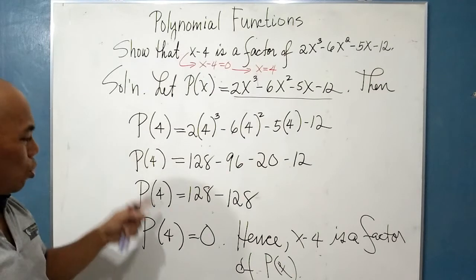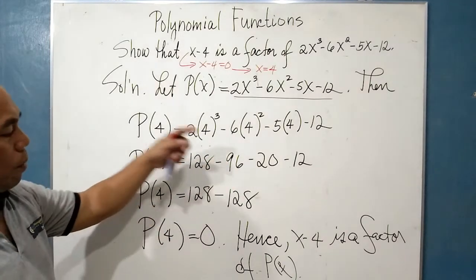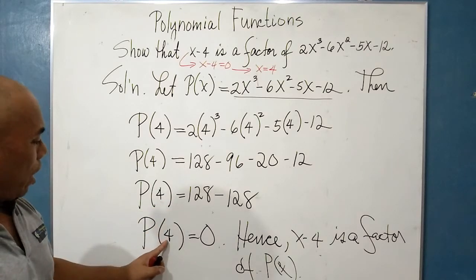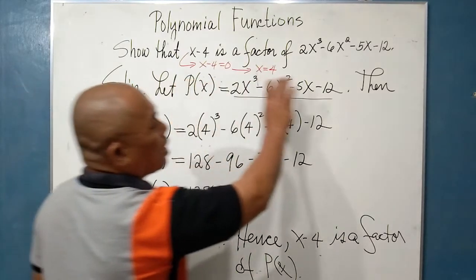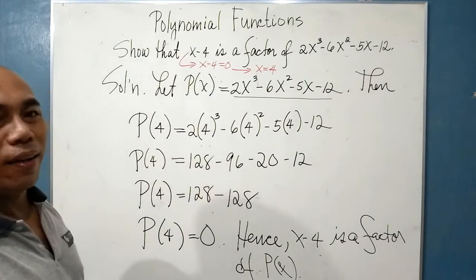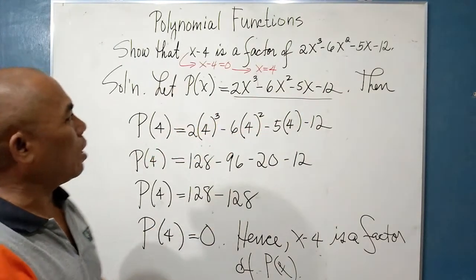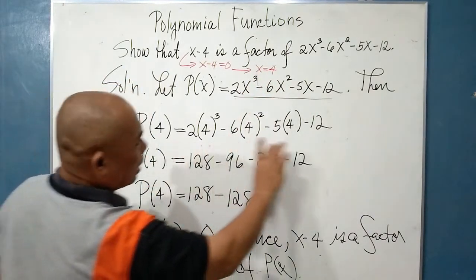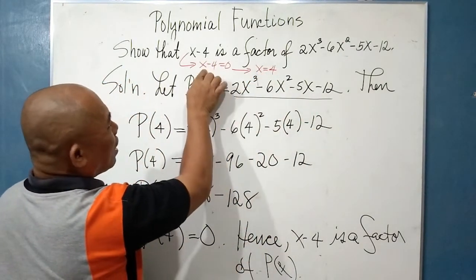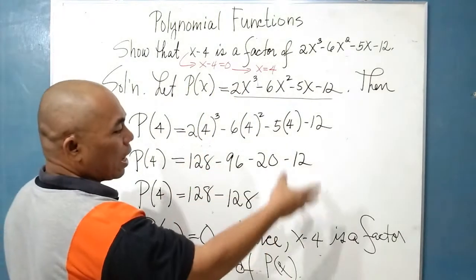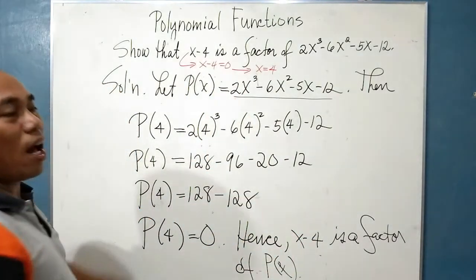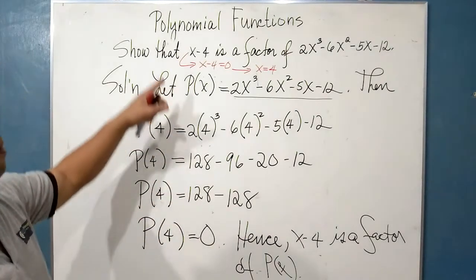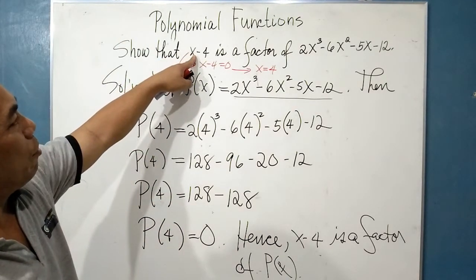So, by substitution, ato napakita nga si 4 is a 0 ani nga polynomial. Okay? Meaning, at x equals 4, nahimo siyang 0, so x minus 4 is a factor. So, ingon ani lang ang paagi nga mapakita nga si x minus 4 factor niya.